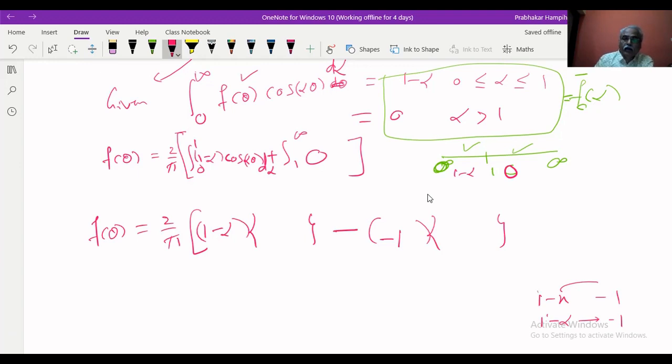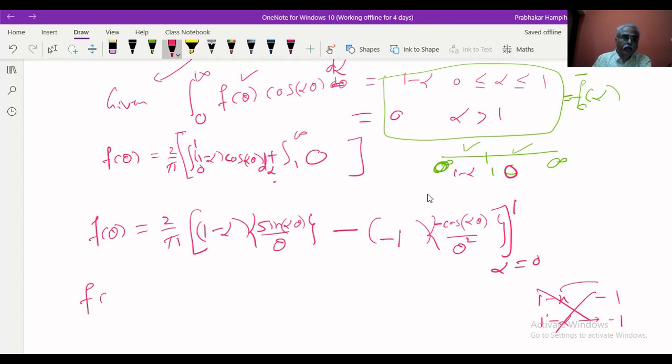Integrating cos gives sine, and since we integrate with respect to alpha, theta comes down. Integrating sine again gives minus cos of alpha theta divided by theta square. Integration is over, with alpha from 0 to 1.